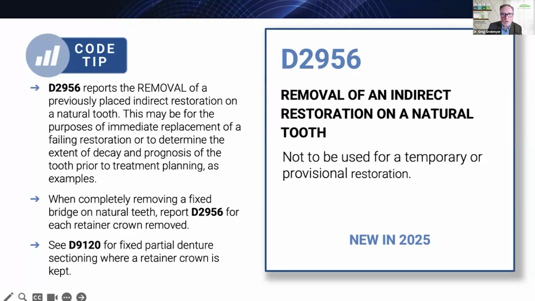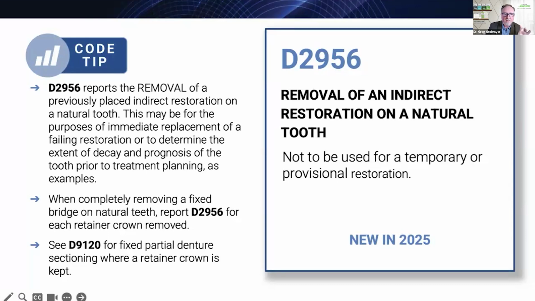In network, the majority of them are going to say that it is included in the restoration and not to be charged separately to the patient. However, out of network, fee for service, absolutely charge for this if you feel like it's appropriate.